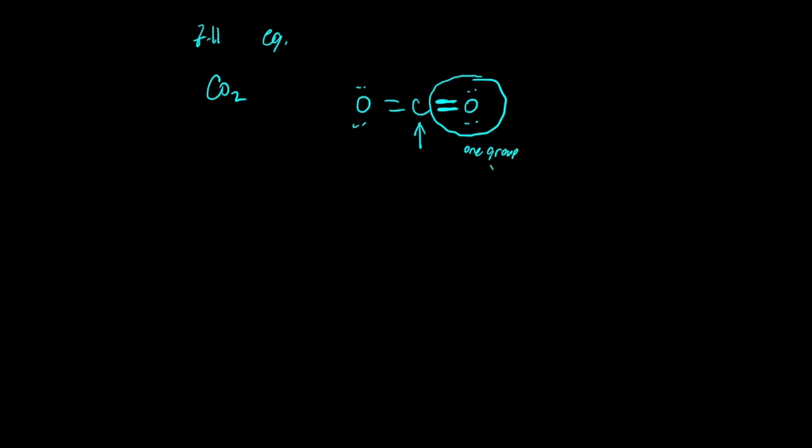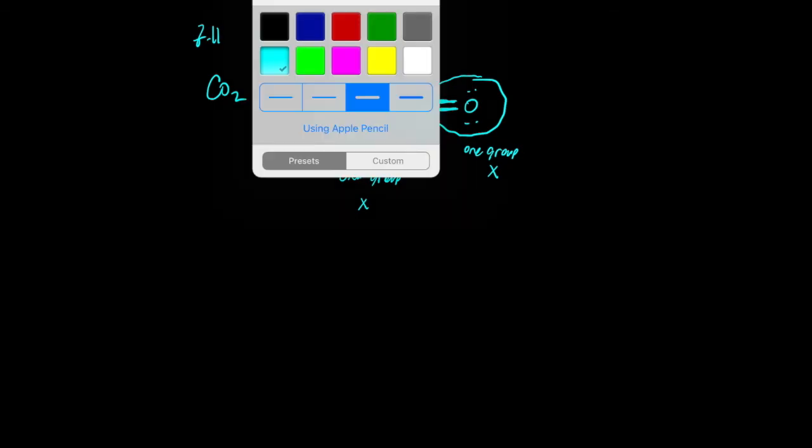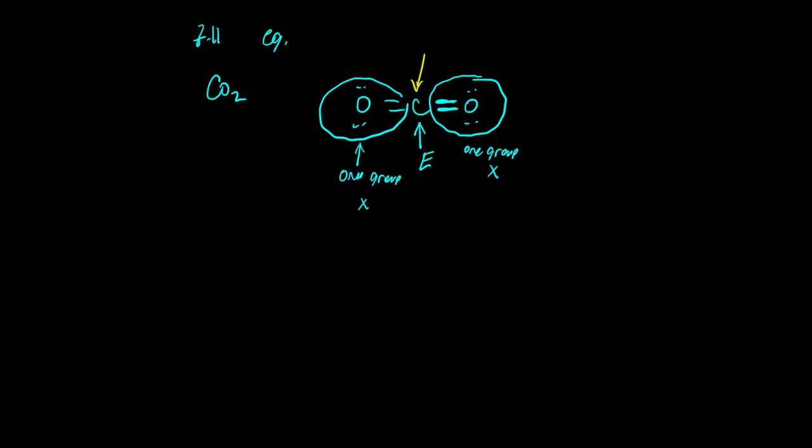And remember, we call that group X. Over here, we have one group called X, and the central atom is called E. And on the central atom, there are no lone pairs.